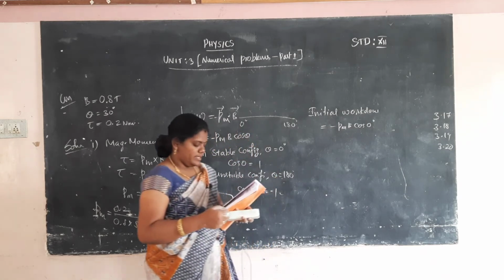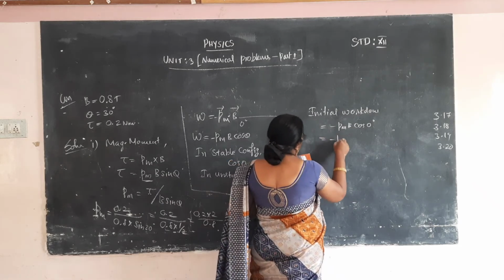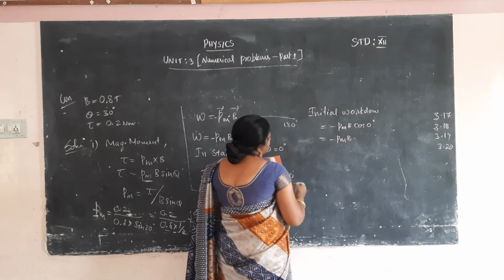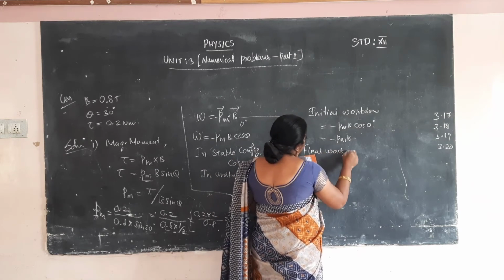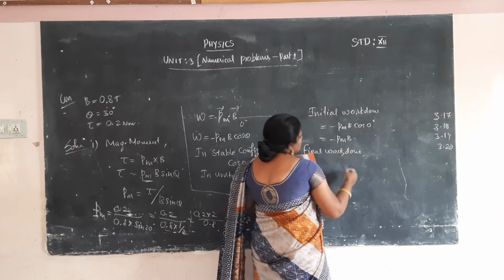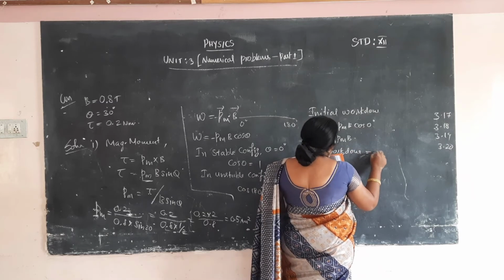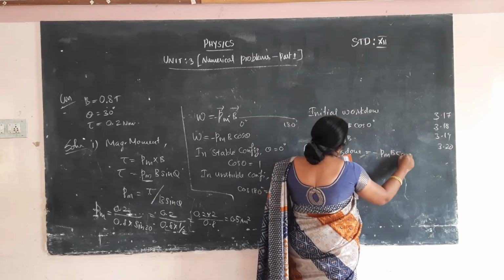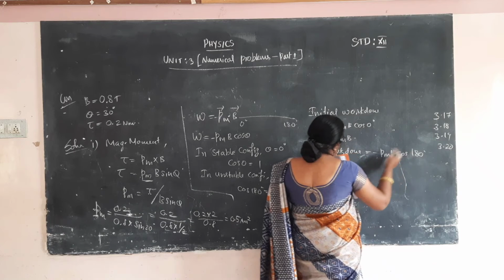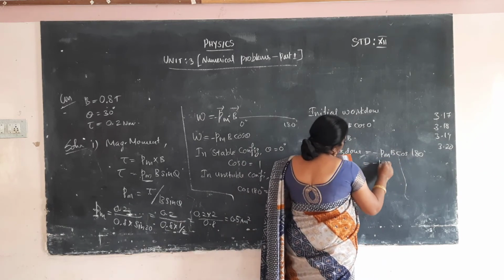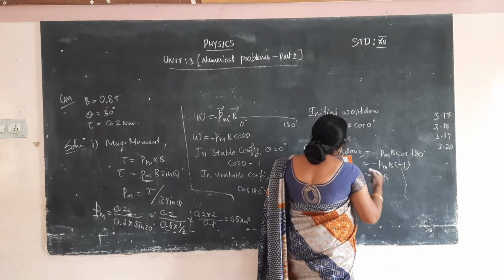This is the initial work done. Cos 0 value is 1. So minus PMB. And the final work done is for the unstable configuration: minus PMB cos theta. Cos 180 degrees value is minus 1. So minus PMB into minus 1 will be PMB. Okay. This is the final work done.